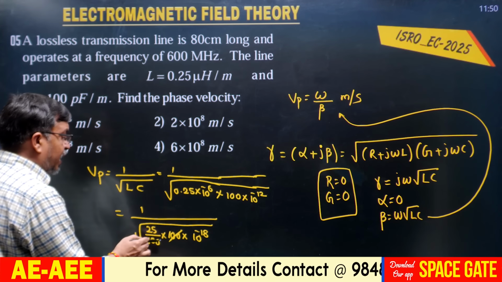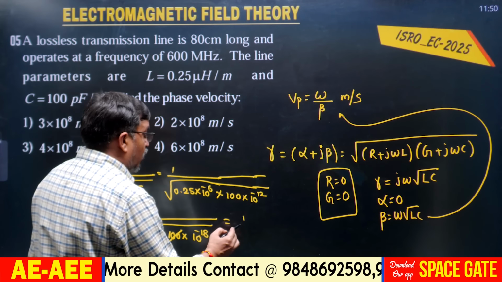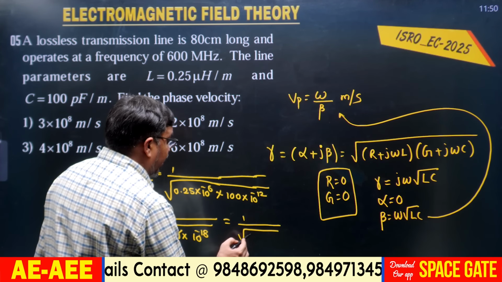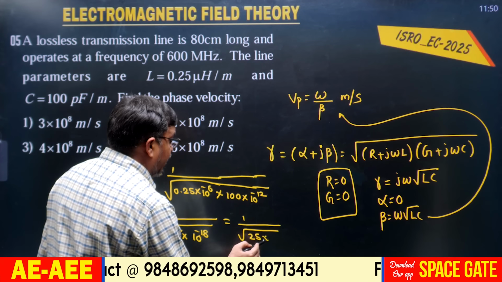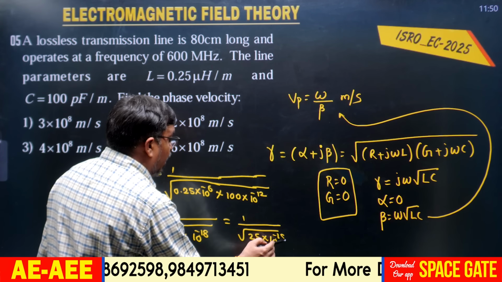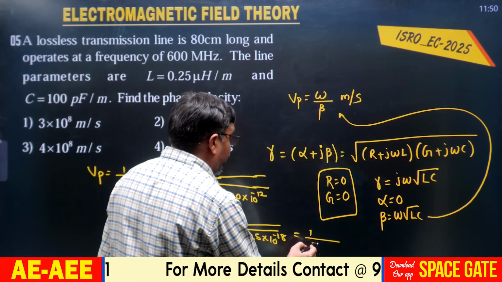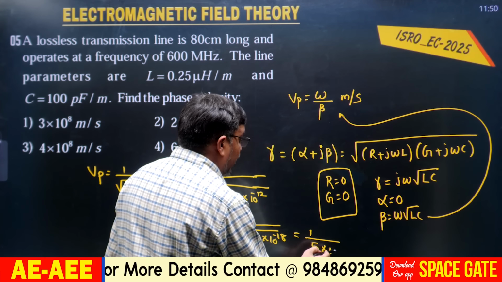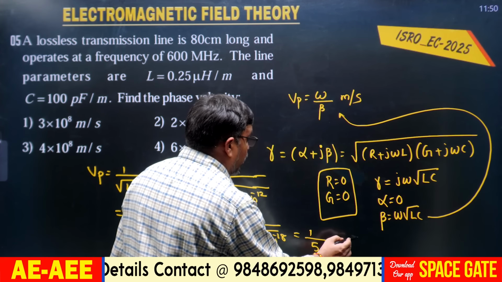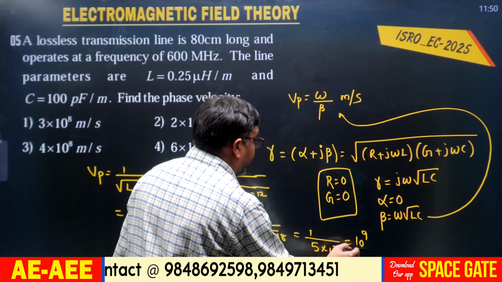Then 100 cancels, that equals 1 by under root of 25 into 10 power minus 18, that equals 1 by 5 into 10 power minus 9. That equals 10 power 9 by 5.